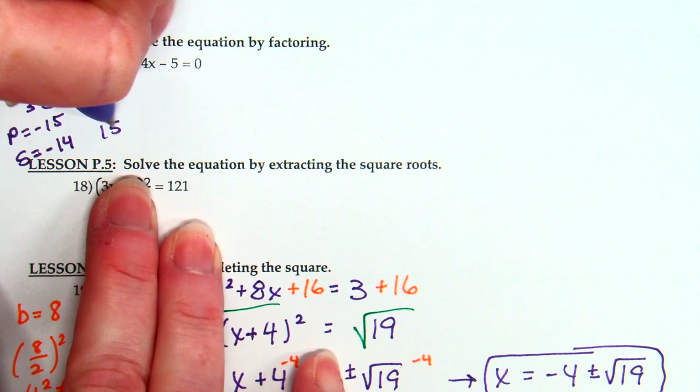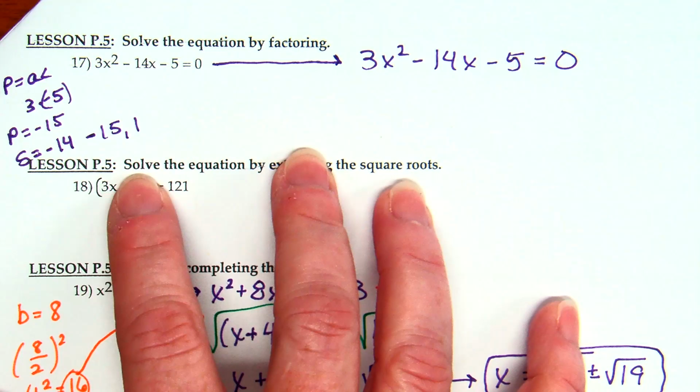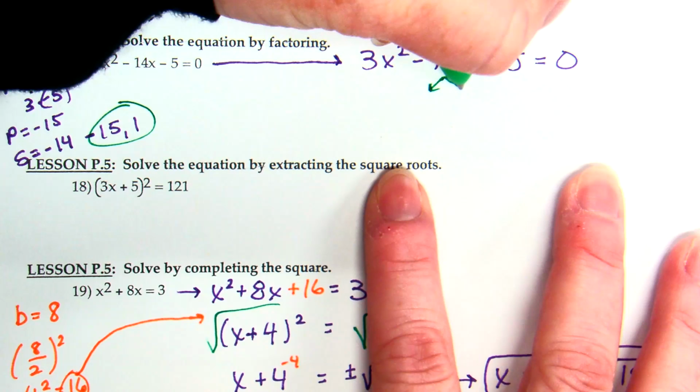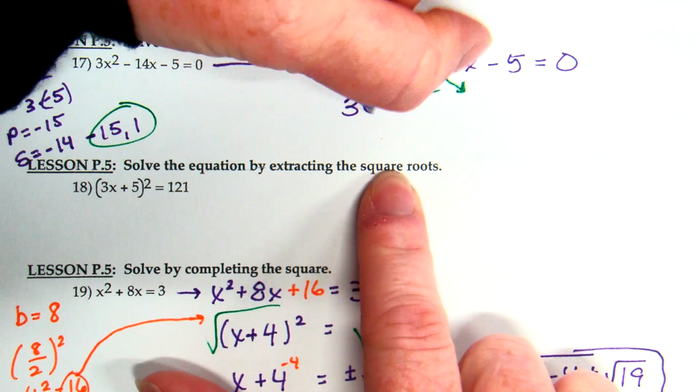If we're using negative 15 and 1, we're going to split that middle term. Doesn't matter which way you split it. So 3x squared stays 3x squared. Then this can become minus 15x plus 1x, carry down the minus 5, equals 0.